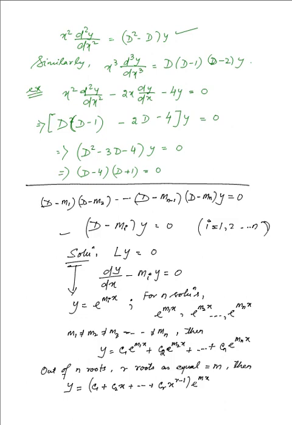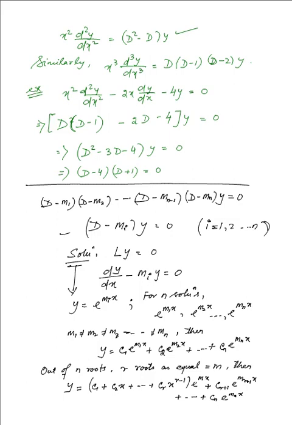And then finally the other terms follow, where c r plus 1 e raised to the power m r plus 1 times x, and that again gets added to the rest of the terms as in the previous case, up till cn e raised to the power mn times x.